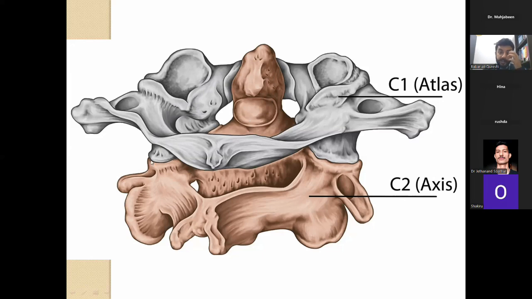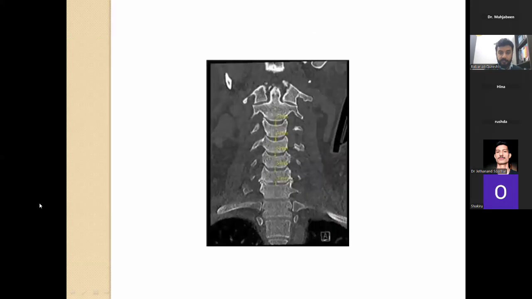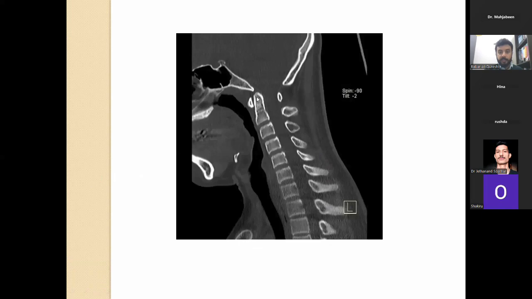So looking at it, this is just a very beautiful AI created picture, but when we see it on the CT scan, in this sagittal view, we can see that this is the anterior arch of C1, and this is the posterior arch of C1.